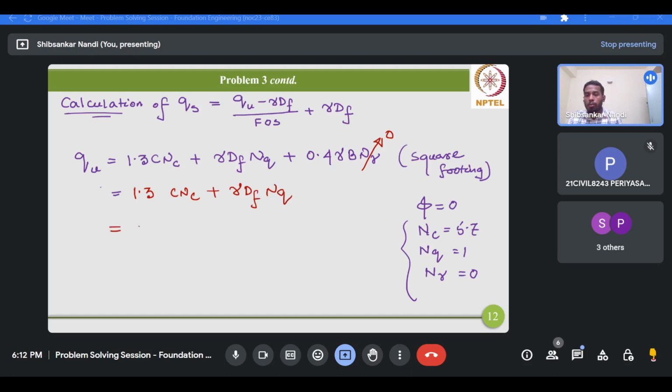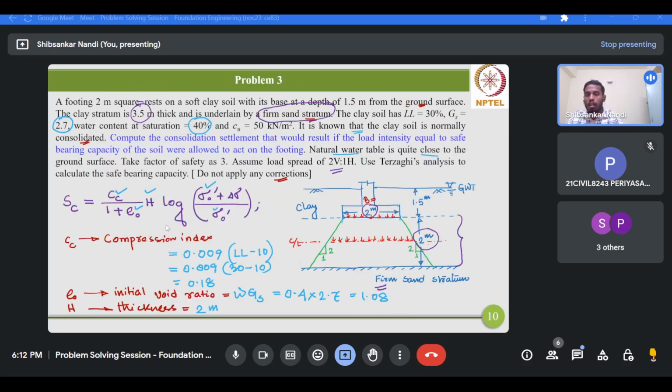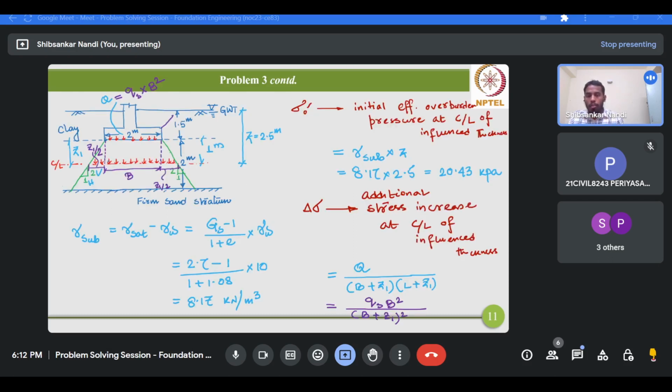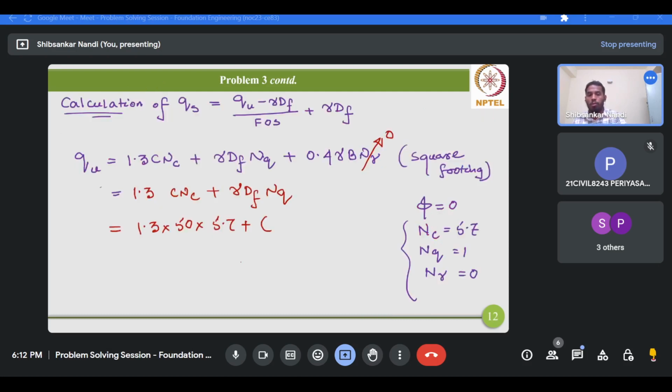Now, if you substitute the values of C, so C is, I hope, 50 kPa. Okay, the undrained cohesion value is given as 50 kPa. NC value is 5.7. Again, the gamma Df. So gamma, you have to take it as 8.17. Okay, already we have calculated. It would be basically the submerged value, because here the water table is located at the ground surface itself.